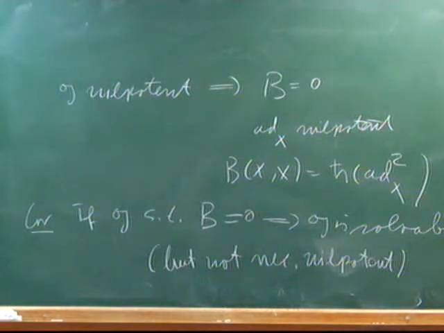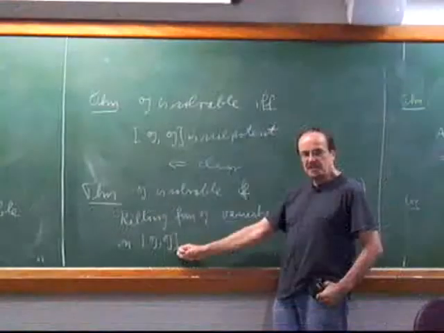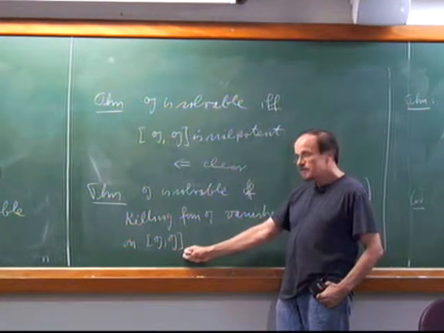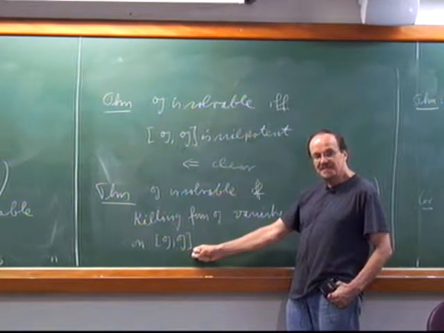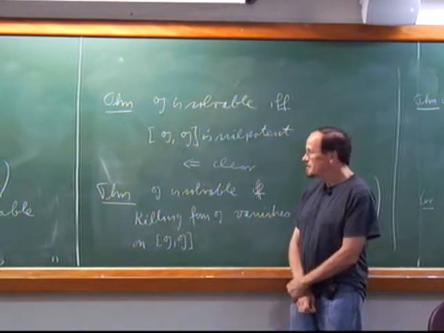Well, the Killing form is dead 0 on the Lie algebra G. It's 0 on the commutator, because that's an ideal. If it's 0 on the commutator, this theorem says G is solvable. Okay. So that's how it's a corollary of this theorem.